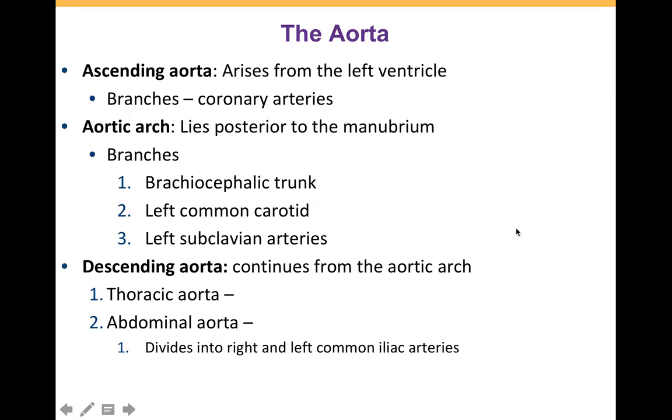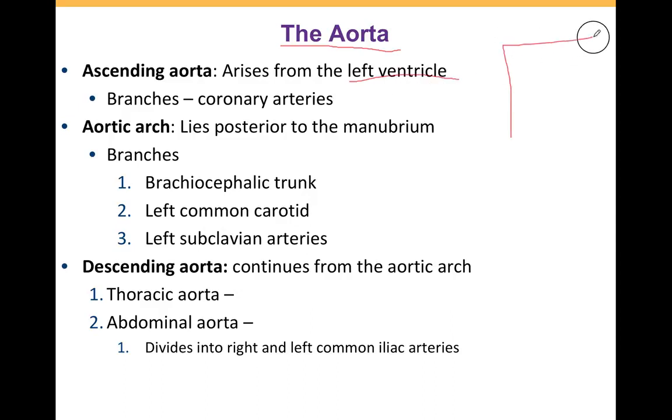Now, we are going to be talking about blood vessels such as main branches of blood vessels associated with the heart. We're going to start with the largest of the blood vessels we have, which is called the aorta. Aorta is the largest branch that comes from a part of the heart called the left ventricle.